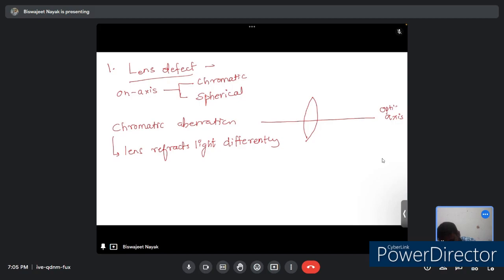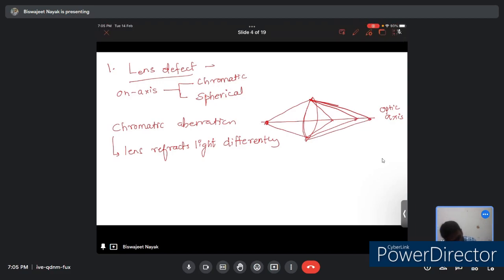So when white light is shone on the lens, as different lights have different wavelengths, they will have different points of focus.